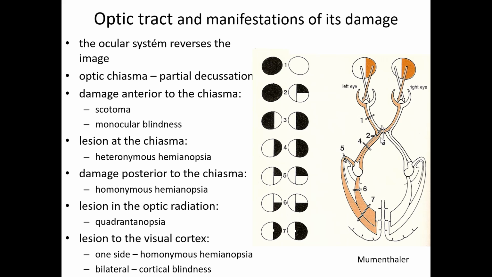Any lesion anterior to the chiasma will produce complete or monocular blindness or some scotomas. At the optic chiasma, it will produce bitemporal hemianopia or heteronymous hemianopia.